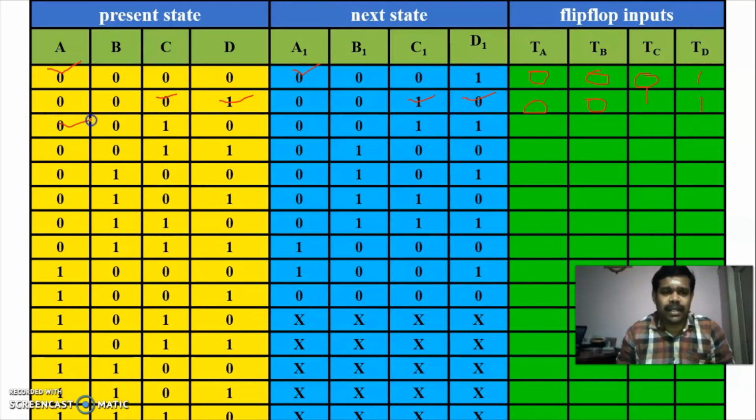Similarly here, 0, 0 is 0, and 0, 1 is 1.